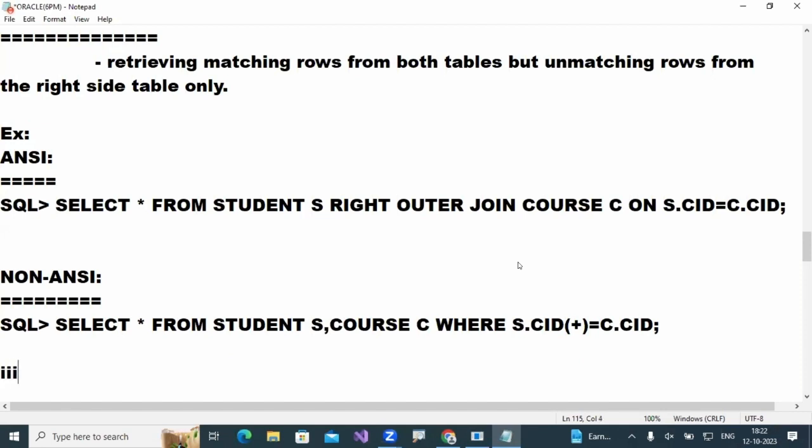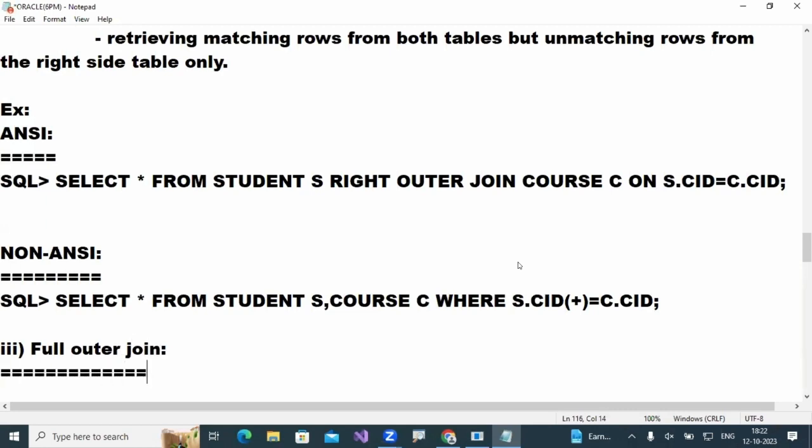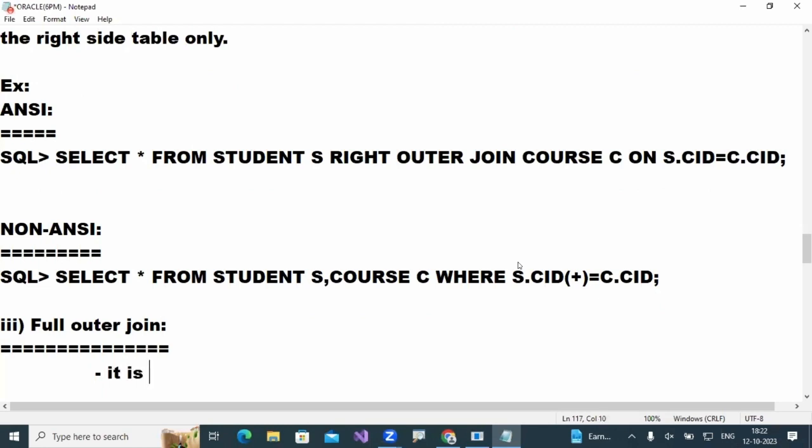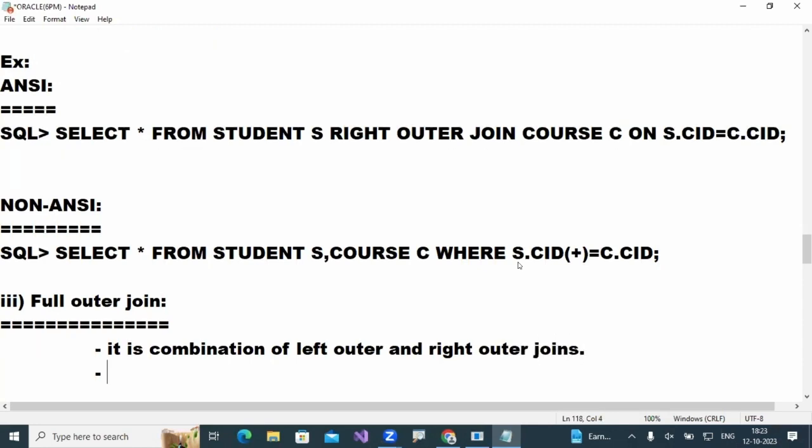We have to use a full outer join, which is a combination of left outer and right outer joins. By using a full outer join, the advantage for the programmer is we get all the information without a miss.